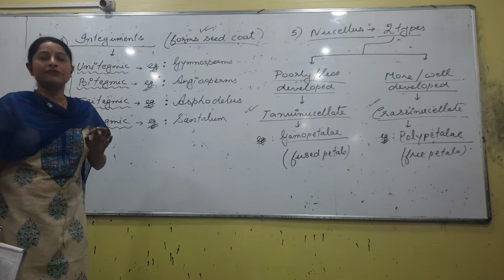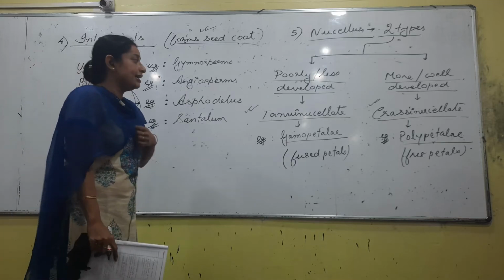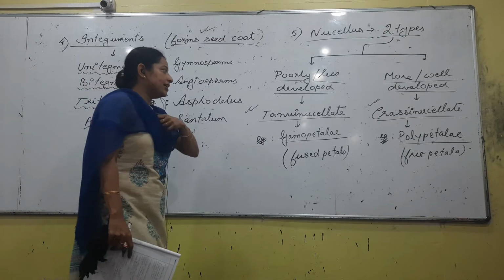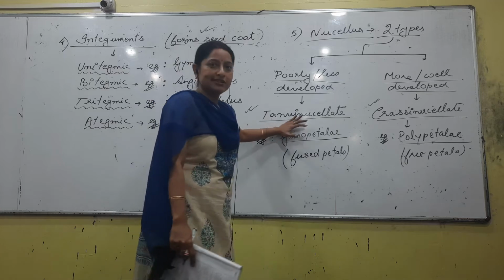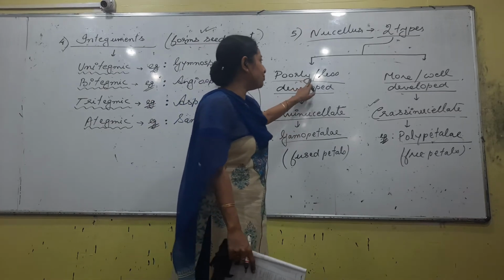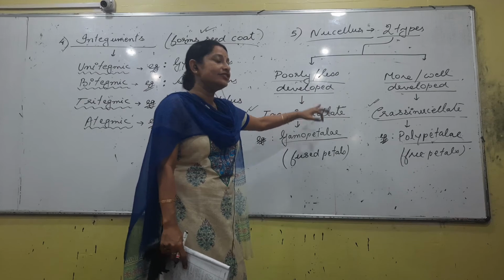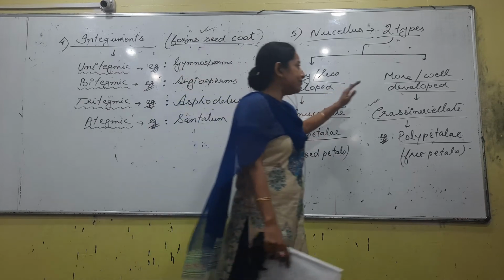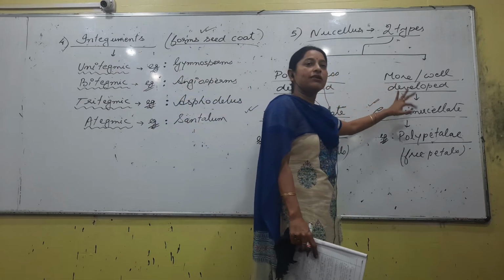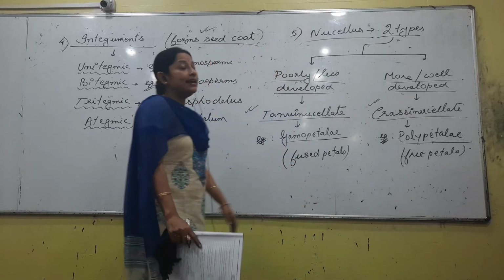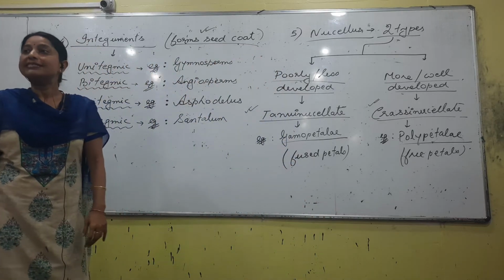Tenuinucellate and crassinucellate, right. So, inside the ovary what you see is the nucellar tissues. If the nucellar tissues are poorly or less developed, that condition is called tenuinucellate. If it is more or well developed, that is called crassinucellate.